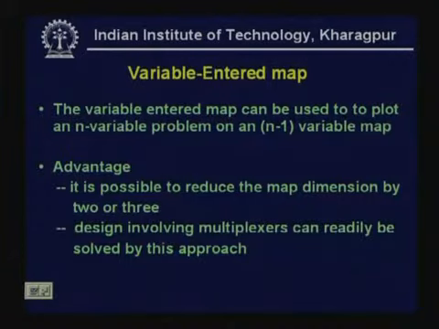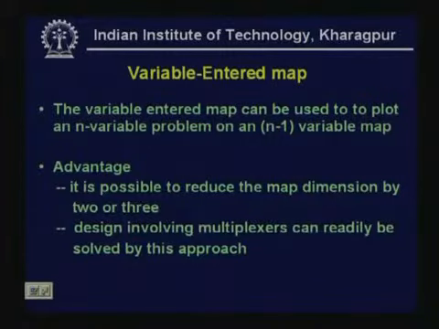Now today we read another thing that is called the variable entered map. So far we have discussed the normal K map, and how we can reduce the extra implicant, or the Quine-McCluskey. Now today we read the variable entered map.